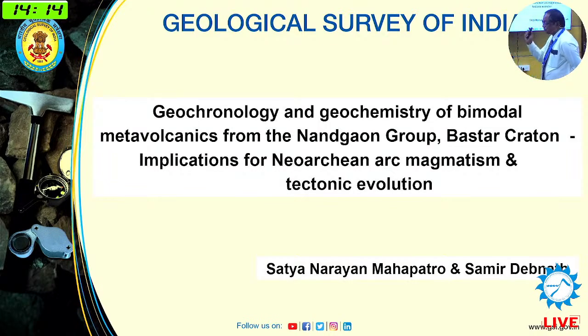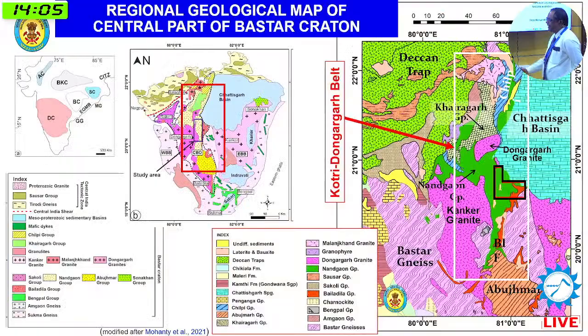Here I am going to present work on the volcanic rocks of the Nandgaon group in the central part of the Bastar Craton. In the geological map of that area, you can see the central part of the Bastar Craton, with the Chhattisgarh basin in the eastern side and Deccan traps in the northwestern side.